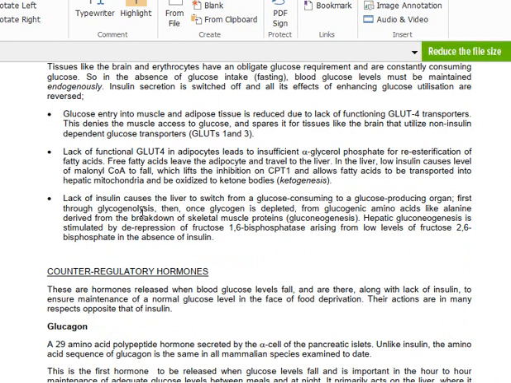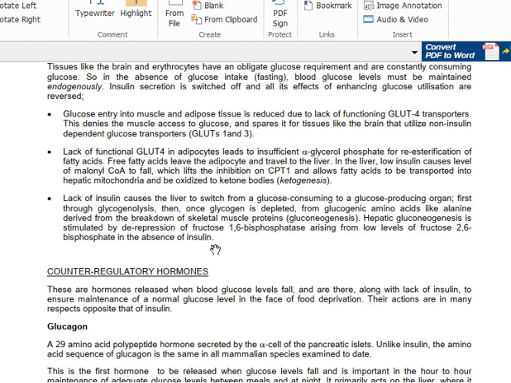So the first is through glycogenolysis. That's the first method of glucose production, glycogenolysis. Is it clear? Then once the glycogen is depleted, glycogenic amino acids like alanine are going to produce glucose.